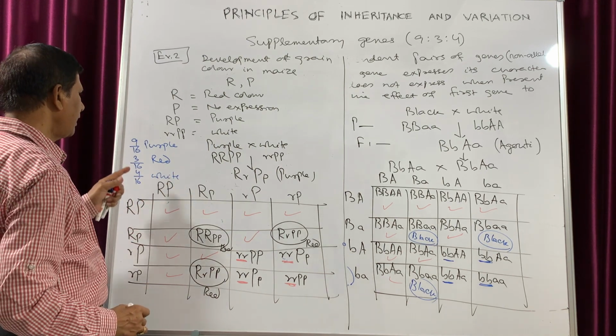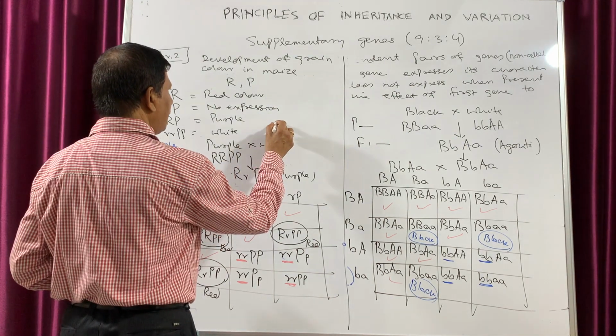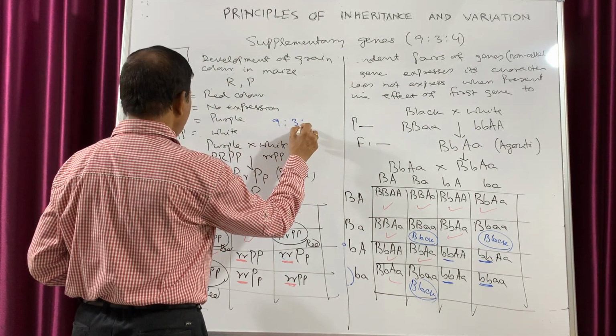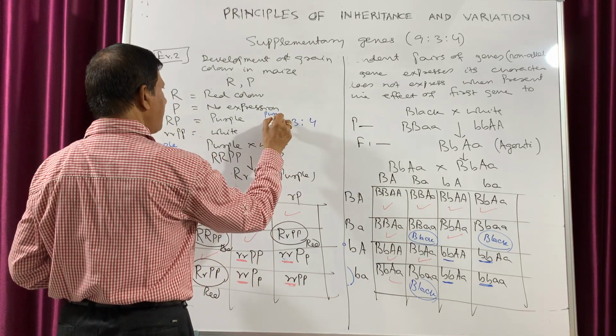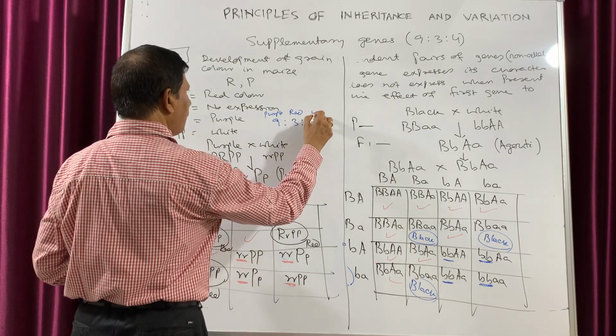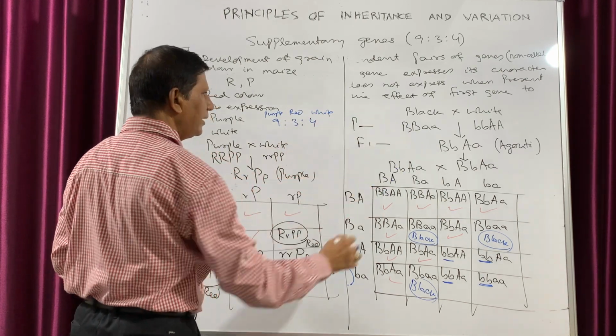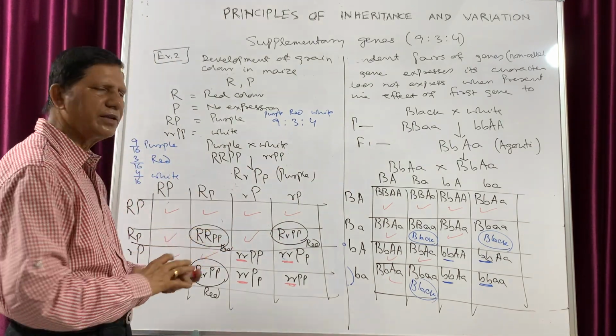That means the F2 generation ratio is 9:3:4. The 9 are purple, and these 3 are red, and these 4 white. As in that case of the earlier one, here also the same thing.